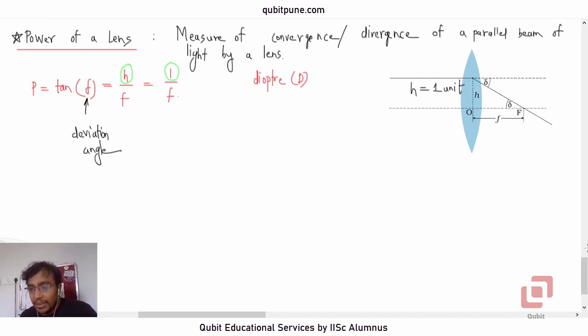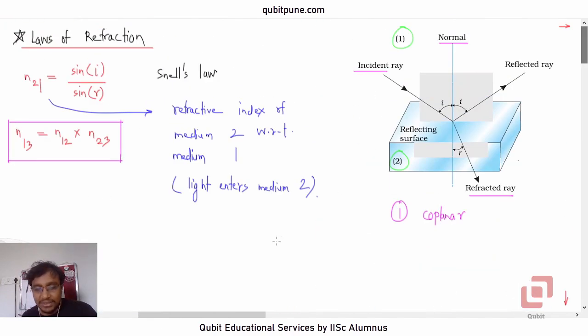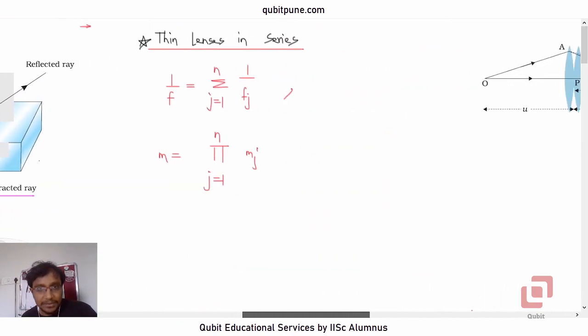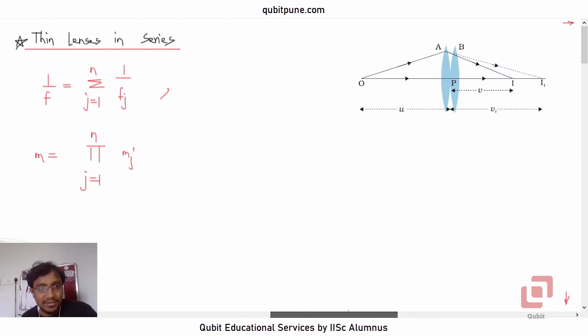Okay, power of lens. Now let us go to combination of lenses. Thin lenses in series. Two important formulae. If we want to replace this combination of lenses by one single lens, what will be the effective focal length?